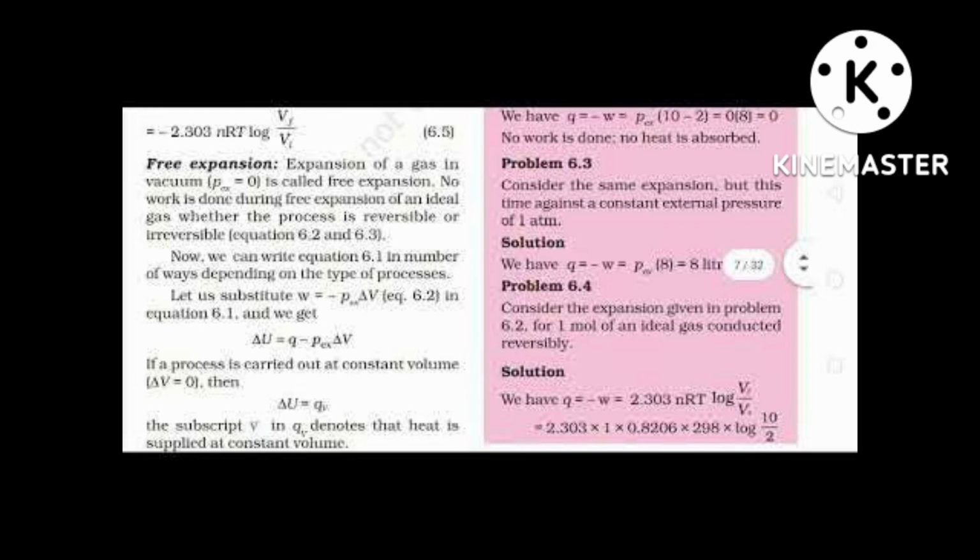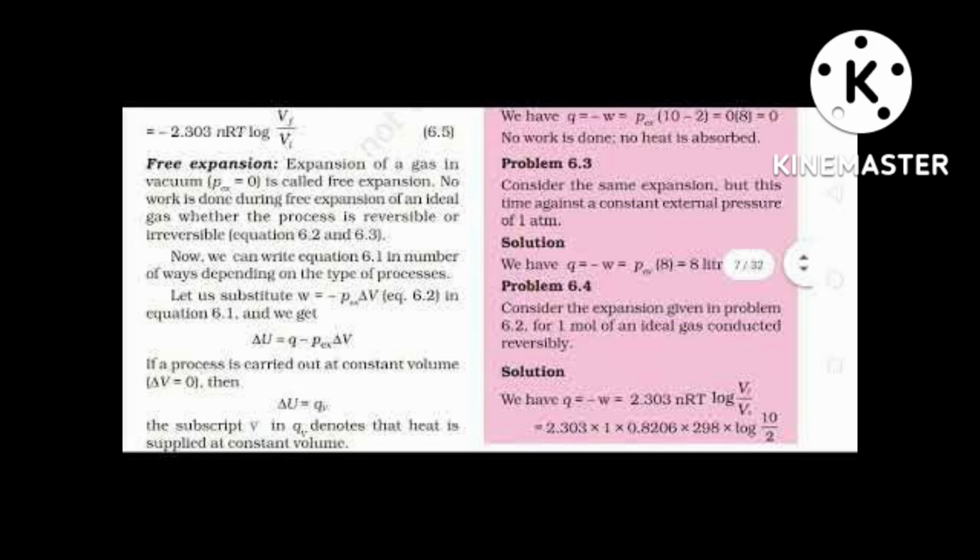The gas at a pressure of 10 atm expands isothermally into a vacuum. Vacuum means pressure will be 0. Initially the pressure was 10, but it expands into a vacuum, so in vacuum the pressure will be 0.